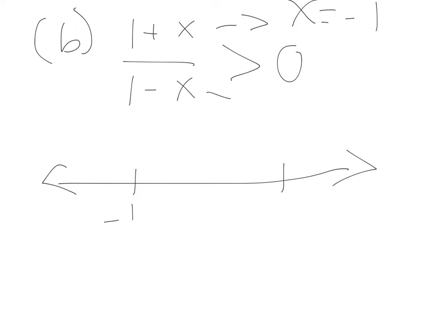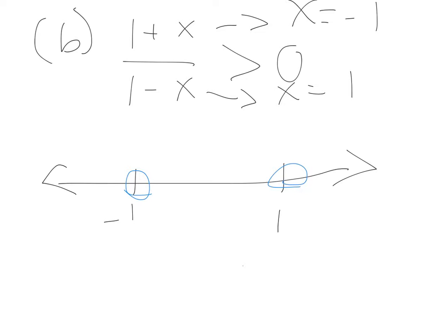And denominator is equal to 0 at positive 1. See, we cannot have it being equal to positive 1, because if it's positive 1, that would make the denominator equal to 0. And we can't have it be negative 1, because if it's negative 1, then the numerator would be equal to 0, then that would make the entire thing equal to 0. And we want all the values that are strictly greater than 0.